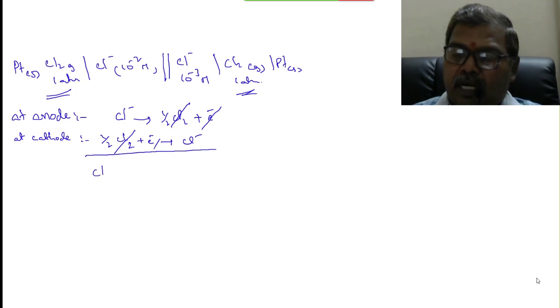Now Cl minus in the anode half cell gives rise to Cl minus in the cathode half cell.